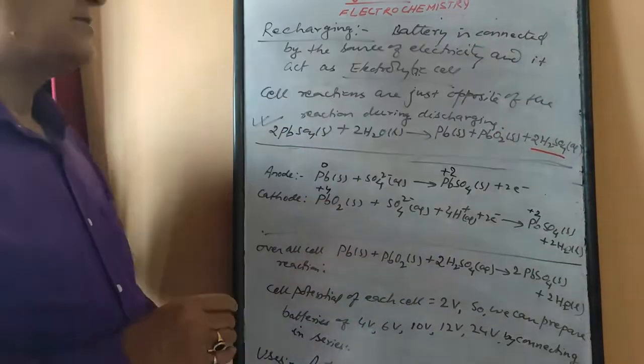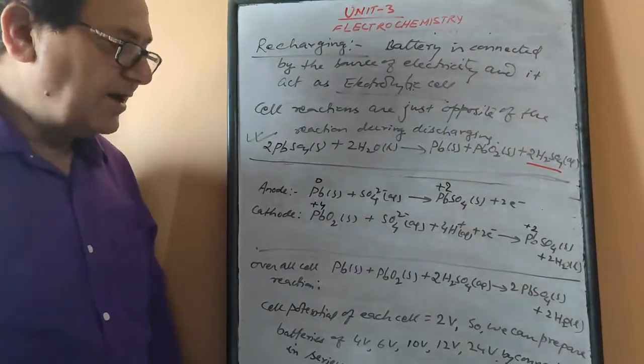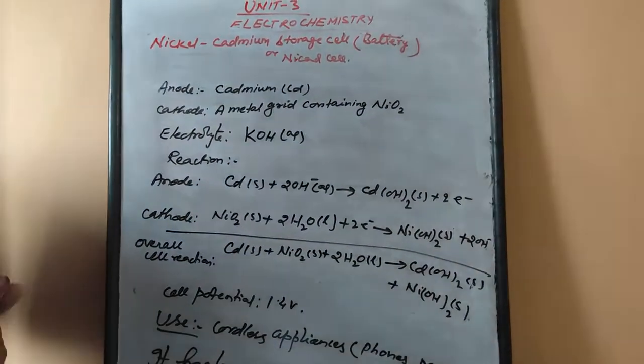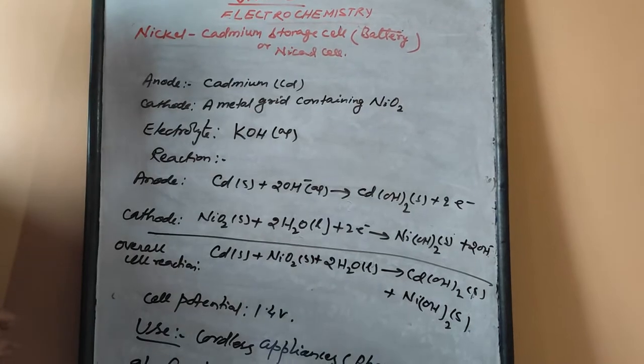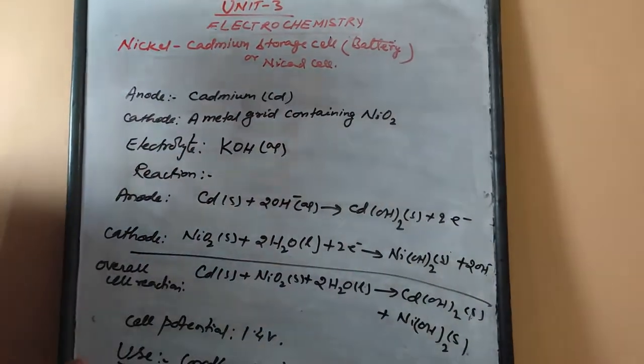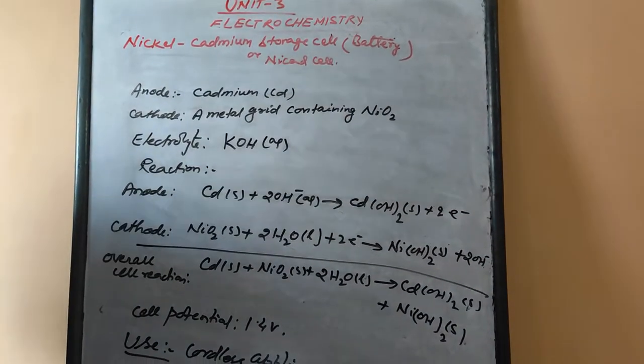Now, the last topic is a very simple one, and that one is the Nicad cell. The second type of secondary cell is the nickel cadmium storage cell or Nicad cell.